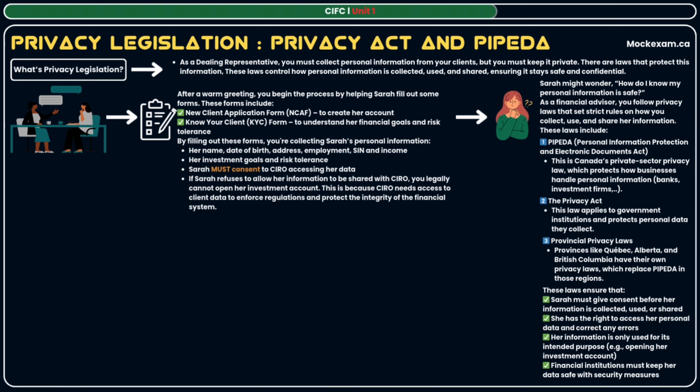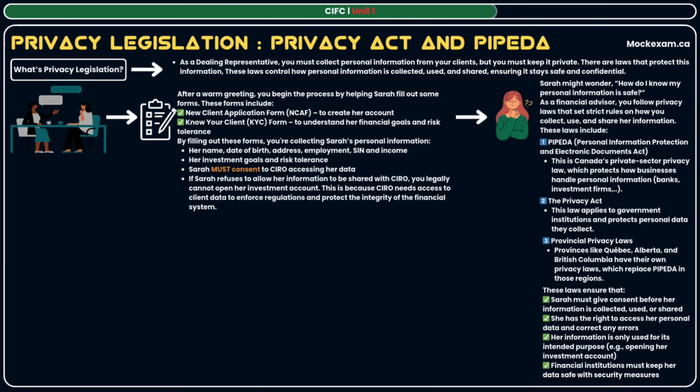If you notice, every form that you fill out in a bank or investment firm or any financial institution, there is a check mark saying you need to check that, saying, okay, I consent to this. That's the thing that you are consenting to, to share and give your personal information.